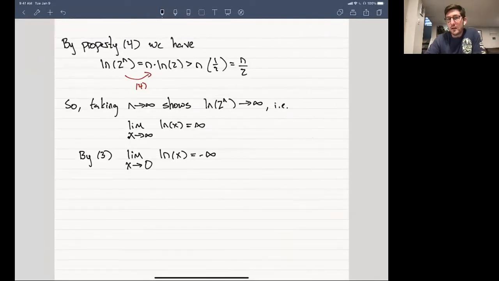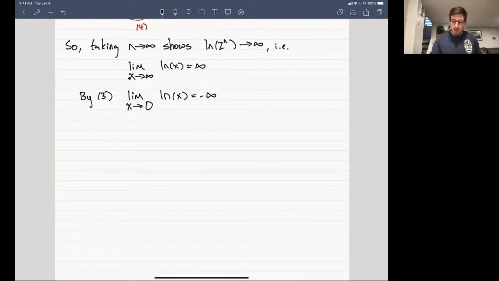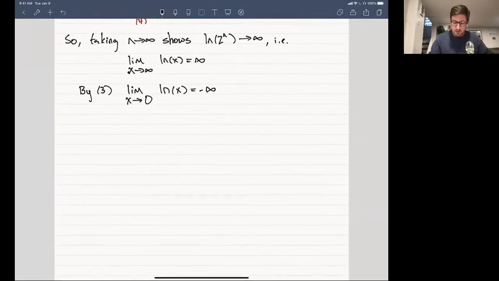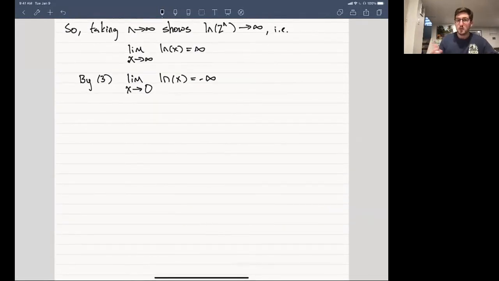Before we do that, let's take a look at some nice little examples and see how we can use these differential and integral properties of these logarithms in order to solve a problem that we might get in the wild. So let's see.